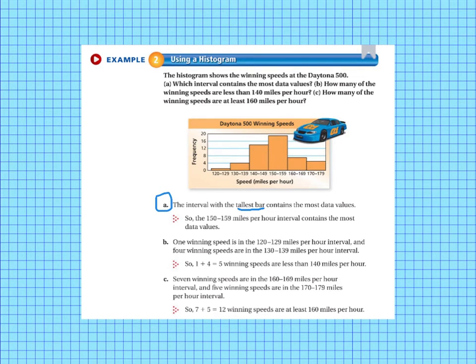And so we're looking for the interval that has the highest bar. So that is our step one for that: look for the interval with the highest bar, and that is the bar at 150 to 159 miles per hour, and that's the one with the most data values.